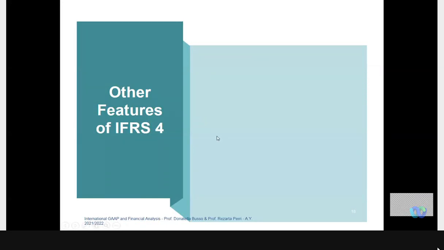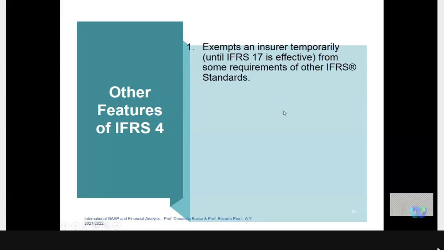IFRS 4 has actually other features, other elements that we should mention before we move on. It exempts an insurer temporarily until IFRS 17 is effective, so 2 more years almost, from some requirements of other IFRS standards. That means that if financial instrument standards require you to account in a certain way, you may have an exemption from IFRS 4 because you are, let's say, on a waiting list to apply IFRS 17.